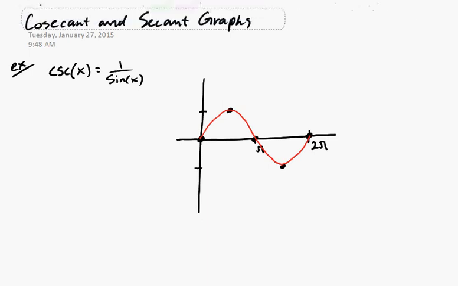Now we have to think about what the cosecant would then look like. One thing that's really important here is, because sine is in the basement of our fraction, if sine is ever 0, that is going to be an undefined point. That's going to be a vertical asymptote.